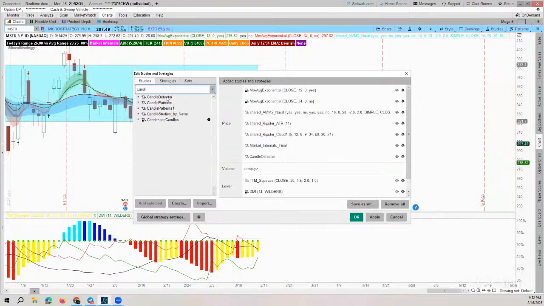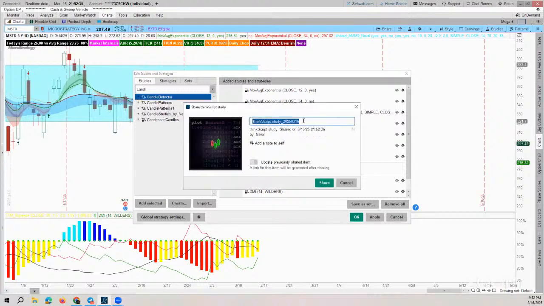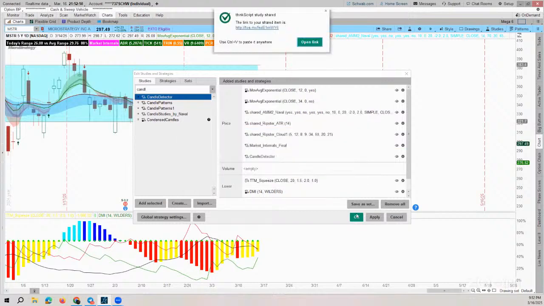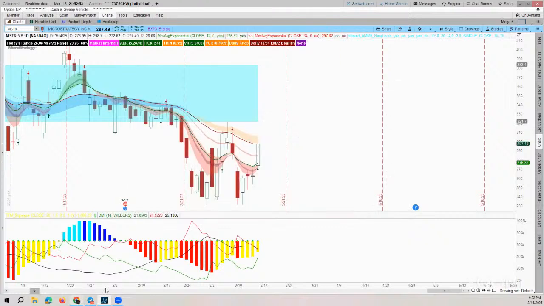Candle detector, share. And detector. Now I'm going to post this on X. Here is the candle pattern detection script for ToS.